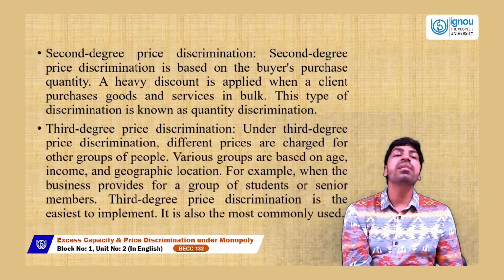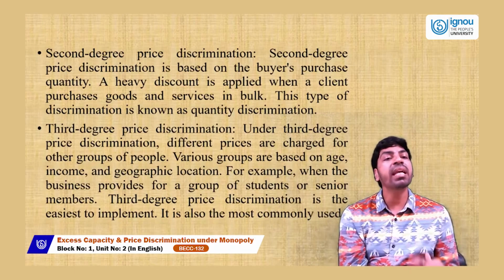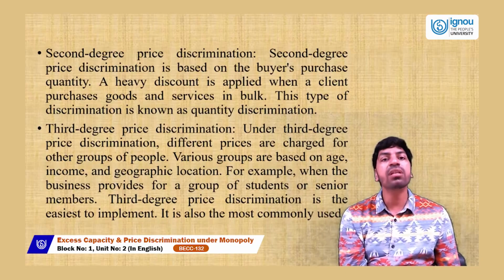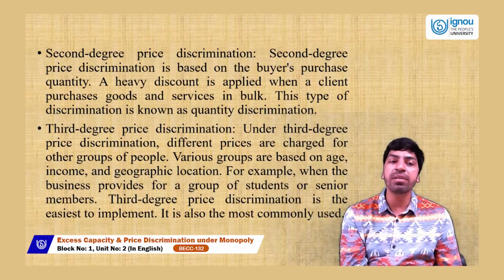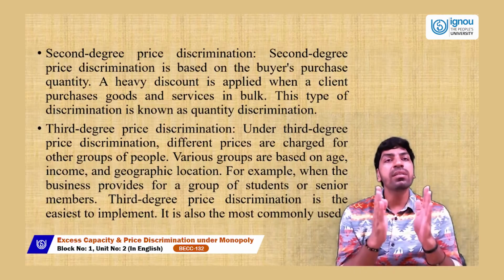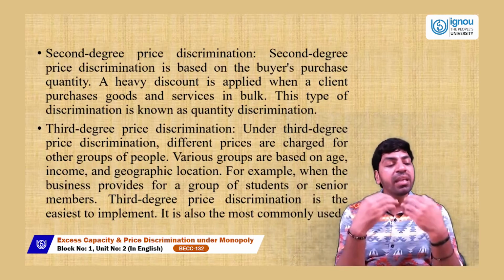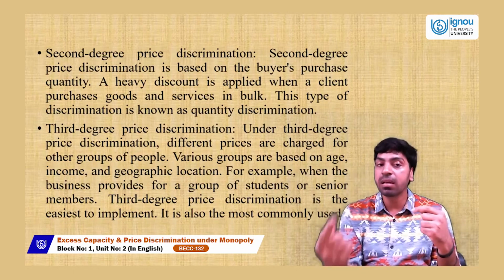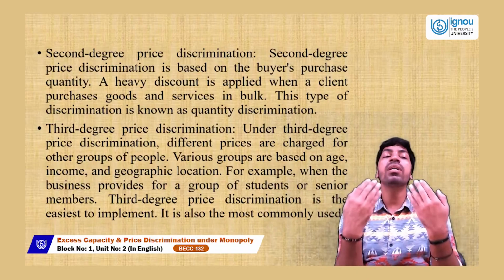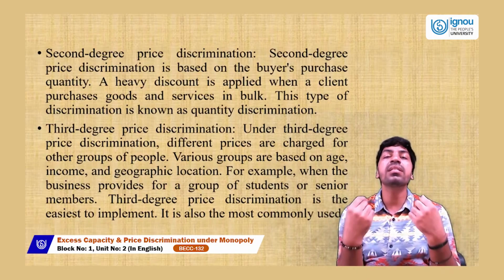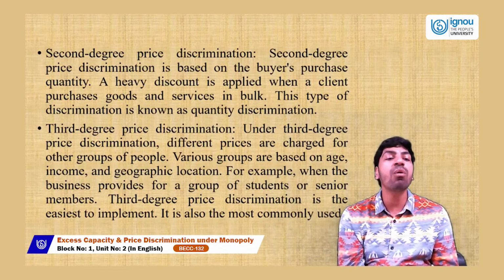Let's talk about the second degree price discrimination. The second degree price discrimination is based on the buyer's purchase quantity. When a consumer is willing to buy goods in bulk, the business or the firm will apply a heavy discount.